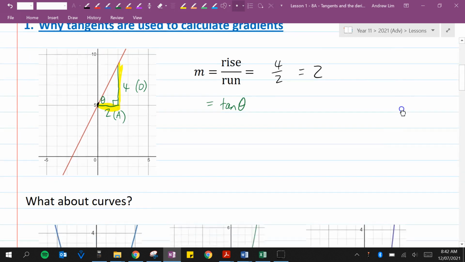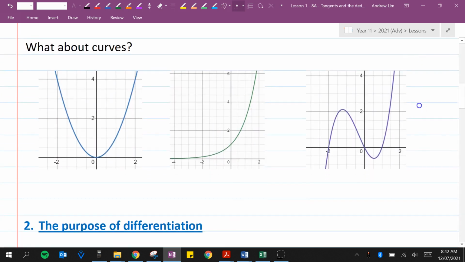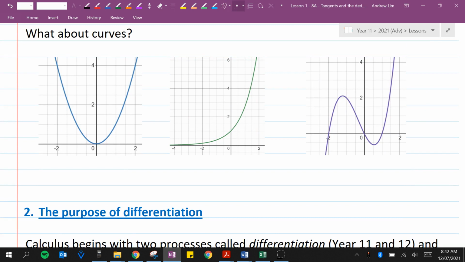But what about curves? I've got 3 examples of different curves here. And we can see if we were to find the gradient at any point along the curve, it's going to be different. If I were to find a gradient at this point here, when x is equal to -1, we can see that the gradient is sloping down, and it's relatively steep.